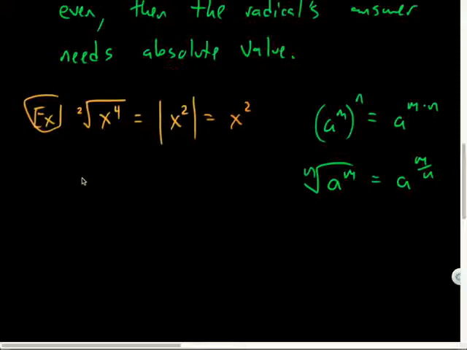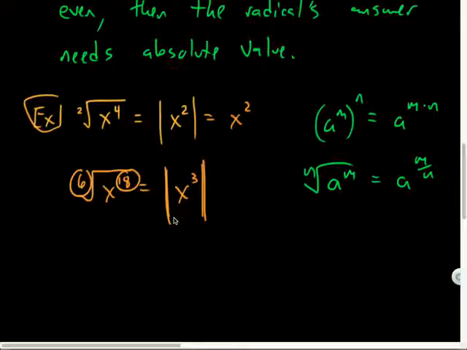Now, what if I have the 6th root of x to the 18th power? Let's see. X to the third, the absolute value. According to Aaron's rule, absolute value shows up. Why? Because Aaron's rule said even, even, absolute value.